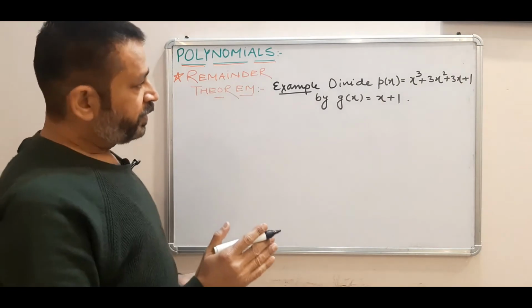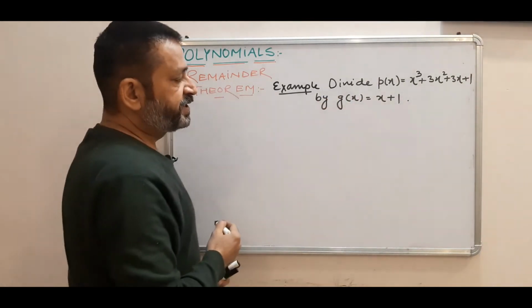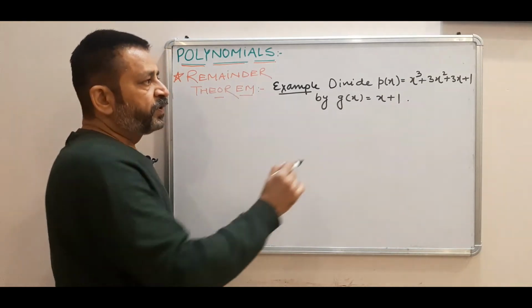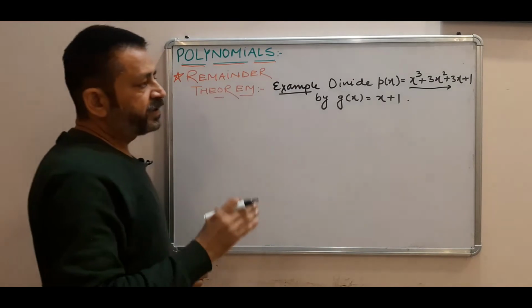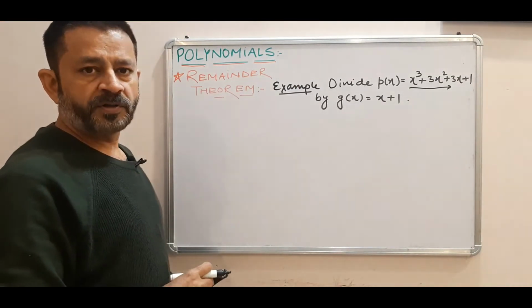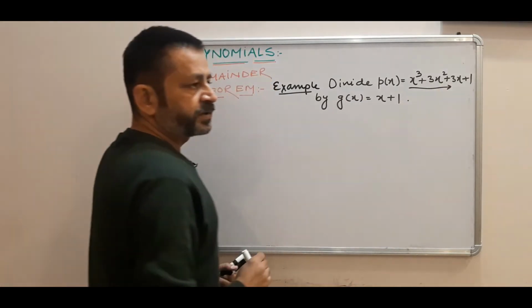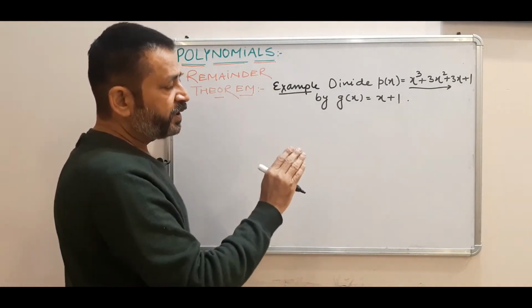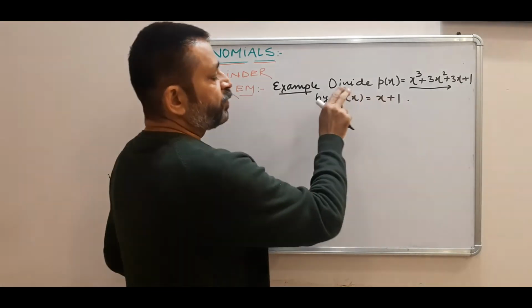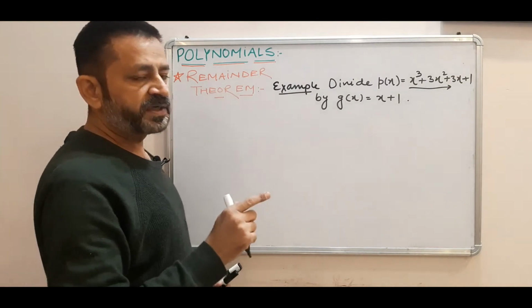So first of all, to divide this p(x) by g(x), we'll check whether our given polynomial is in standard form or not. Standard form means it should be in the descending powers of x. Whenever we are dividing, just remember this as a rule: we will check whether the given polynomial is in standard form or not.